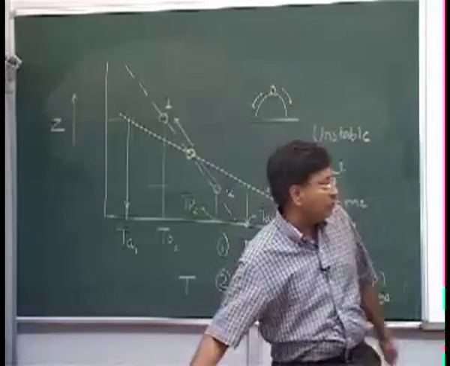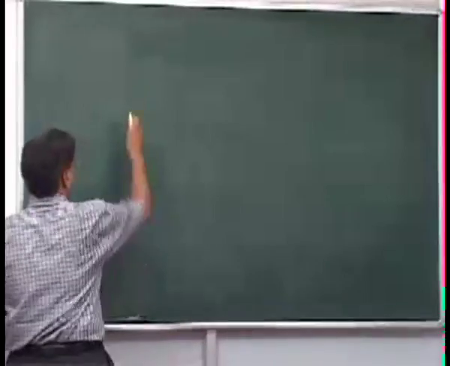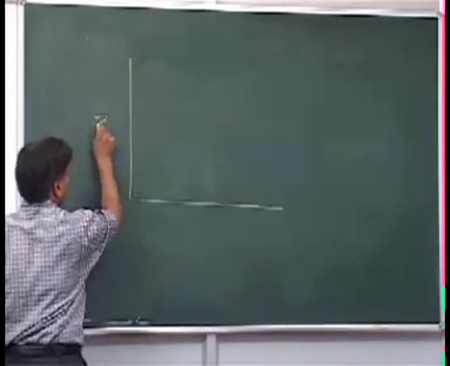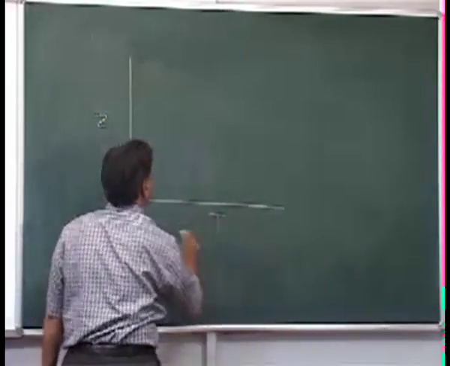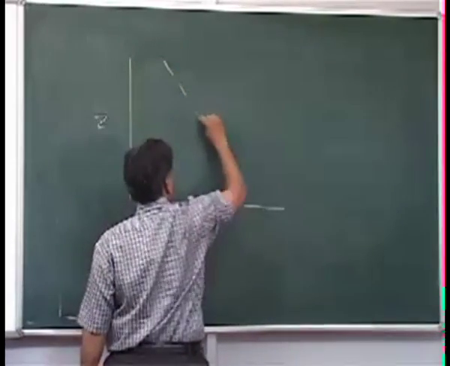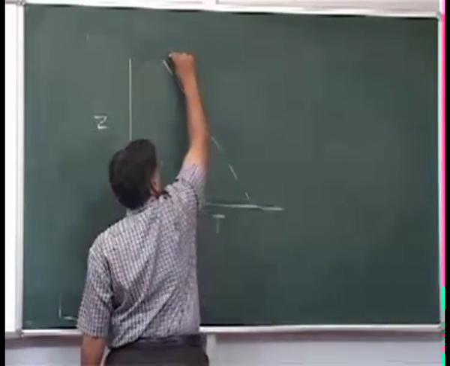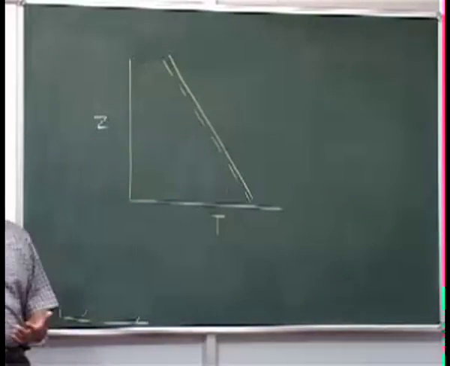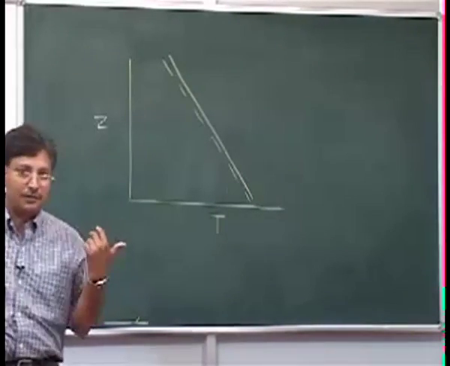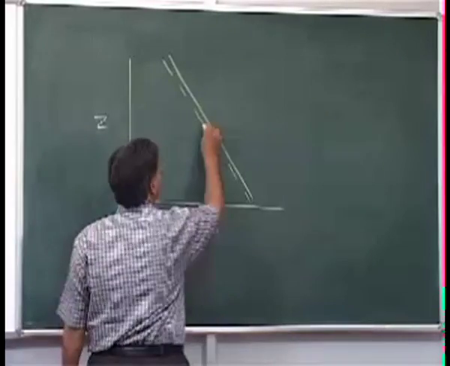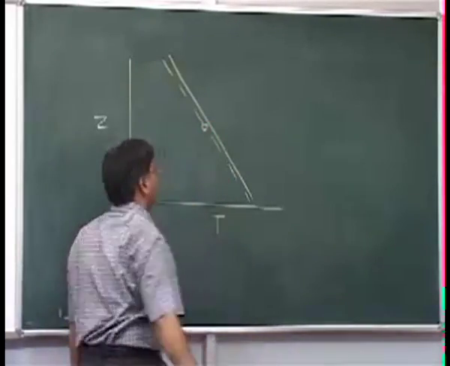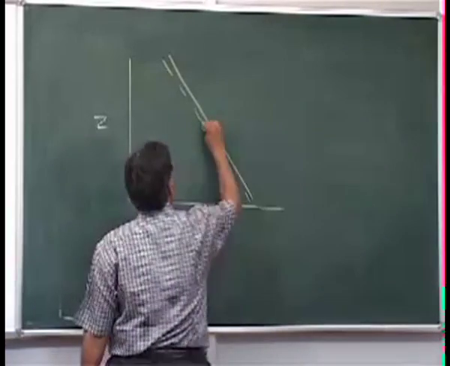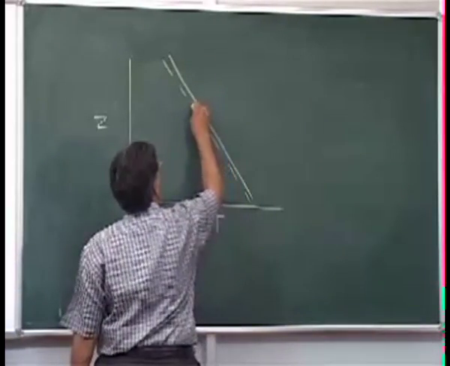Okay, let's talk about situation 2. We have a situation which is something like this: Z, T. My atmosphere is the same as the adiabatic atmosphere. So I left a particle here, which is again an air particle, and I pushed it up to situation 1.